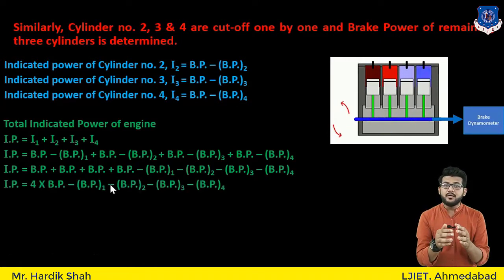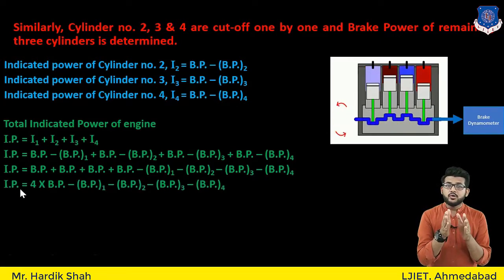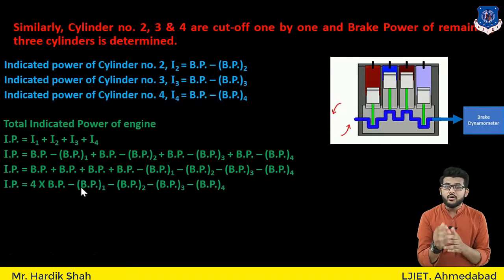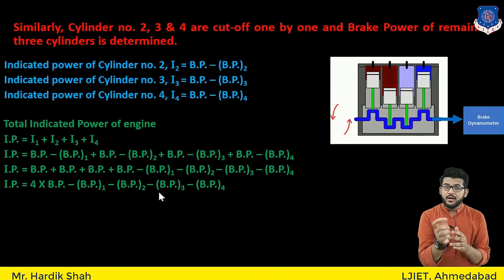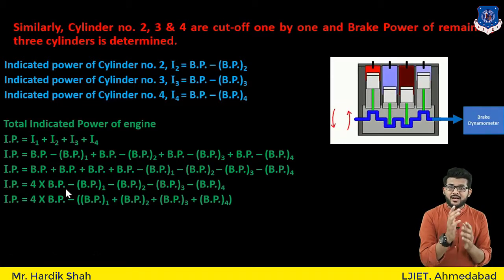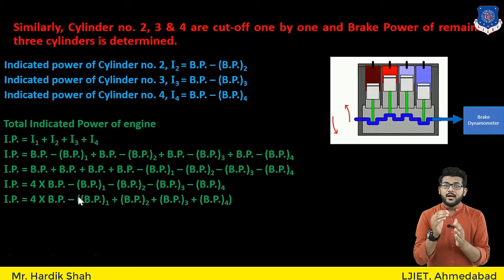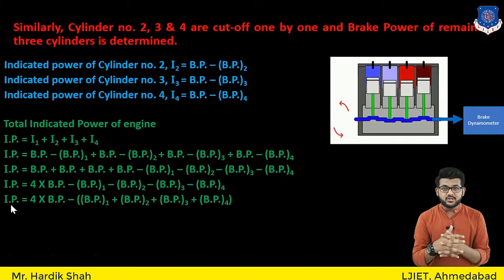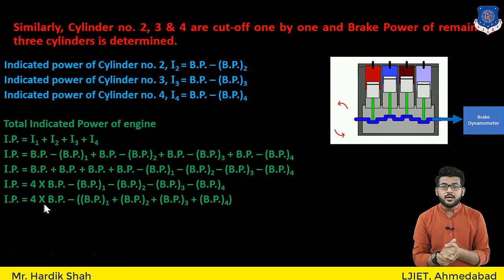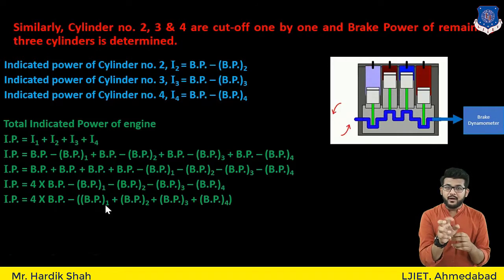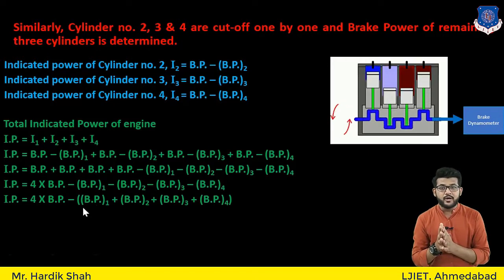Okay. So here we have 4. So we can say that IP, that is indicated power, is equal to 4 times brake power minus brake power 1, that is BP1, minus BP2 minus BP3 minus BP4. So here I can take the minus sign. Okay. So minus sign and that 4 is common. So you will get the formula of the IP, that is 4 times brake power minus the summation of brake power 1, 2, 3 and 4.